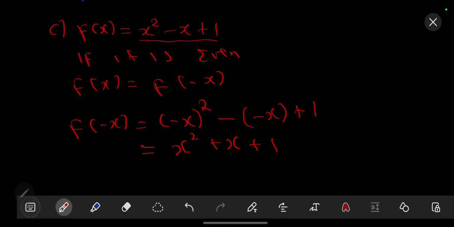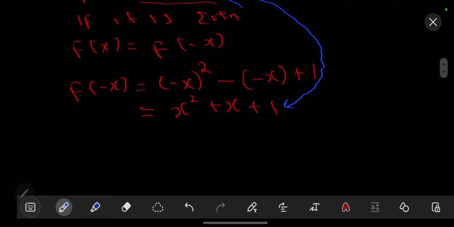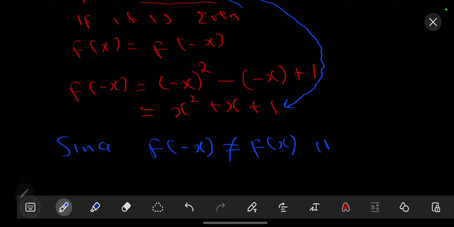So as you have seen, these two are different. So we can conclude that since f of negative x is not equal to f of x, it is not even.